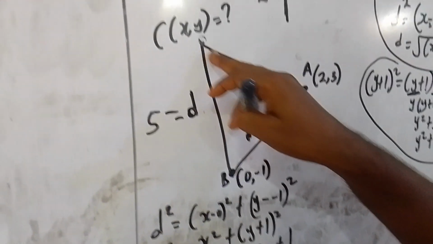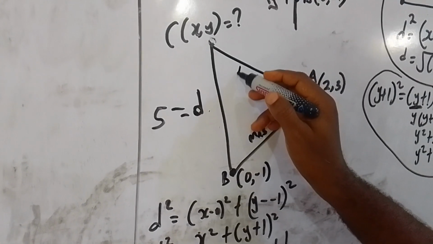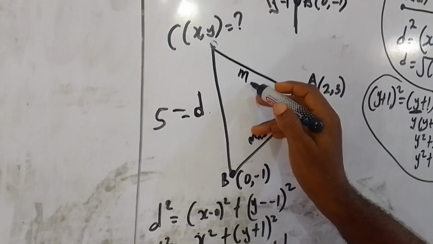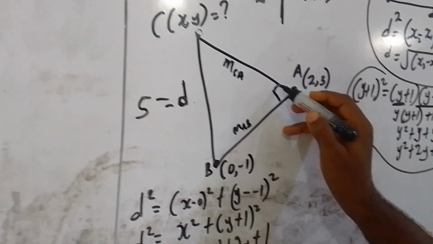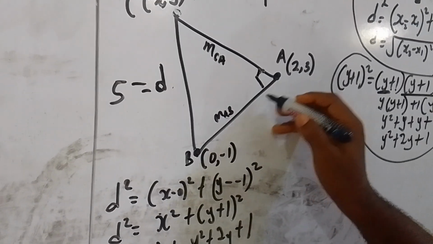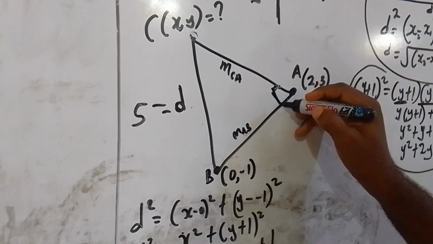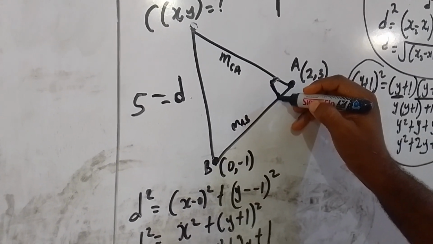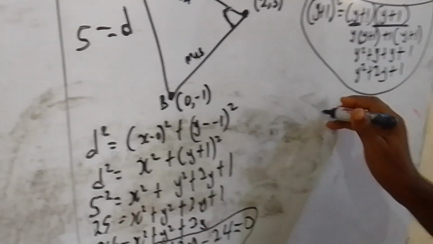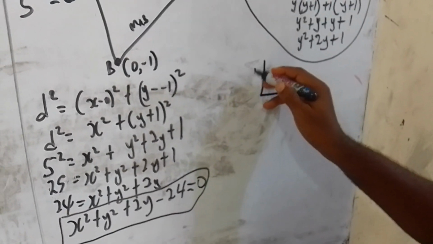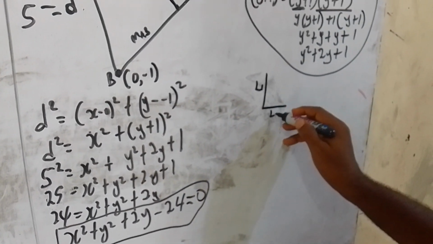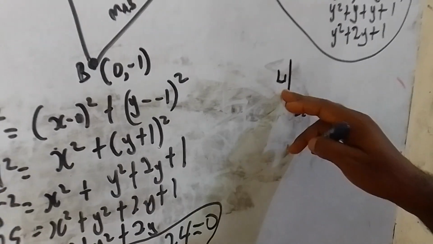Then for this line CA, let me call the gradient of that line M_CA. You can see that the two lines AB and CA are at right angle to each other. And in geometry, when two lines are perpendicular, let's say line 1 is perpendicular to line 2, they are at right angle to each other.